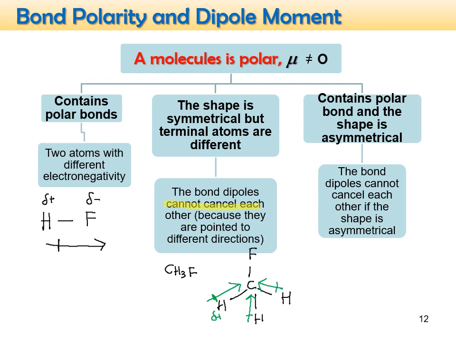So let's have a look at the CF bond. You know that fluorine is the most electronegative atom. This will be partially negative. So carbon here will turn out to be partially positive. Just now this was partially negative, right? Wait, I'll change to a different color so you can see it clearly.